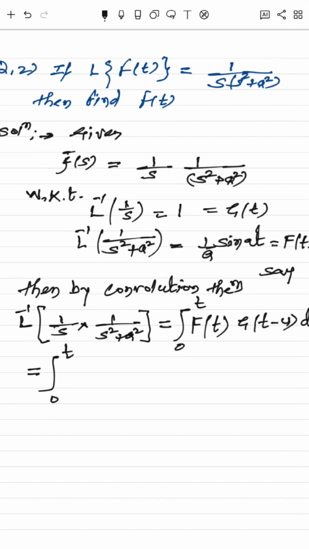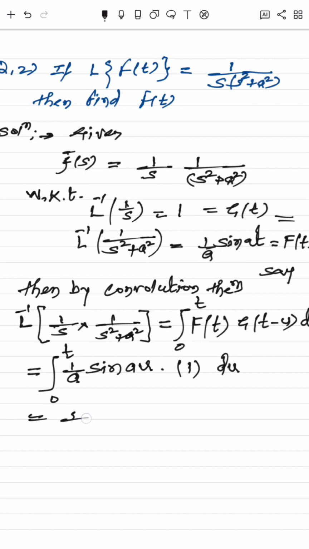In f of u replace t by u, we get 1 by a sine of au, and in g of t replace t by t minus u, we get that term as 1 only, and then integrate this product with respect to u.